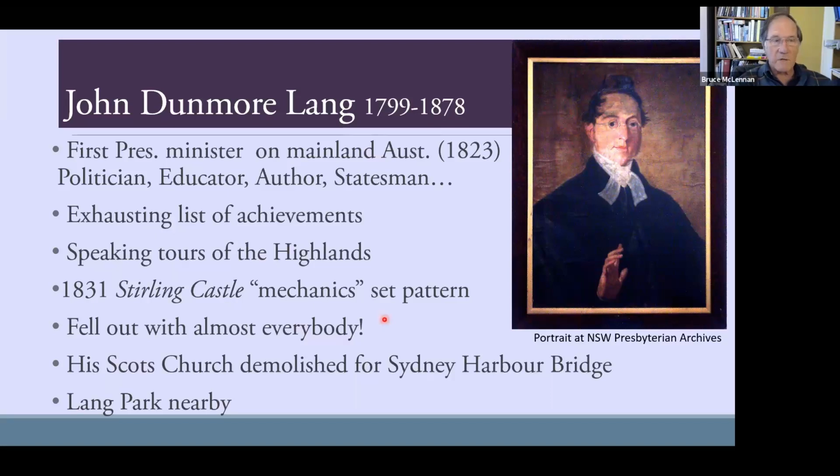And he was an advocate against the importation of prisoners, and Chinese. He was a great supporter of the Chinese, but he almost fell out with everybody. He was such a bit of a self-promoter too, I think. That mightn't have helped his popularity with other folk, such that in the one street in Sydney, the one where the Parliament House is, there were at one time 4 different branches of Presbyterianism, all with their own churches there.